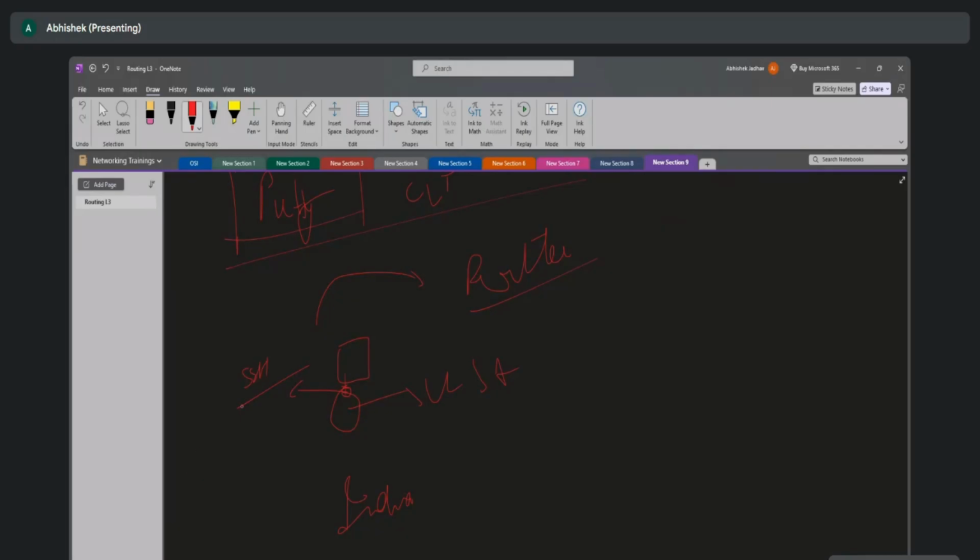Exactly. Now, when it is accepting connections for secure shell, you are going to open your CLI tool. It can be any CLI tool. Let me name a few, like MobaXterm, PowerShell, Solaris, PuTTY.